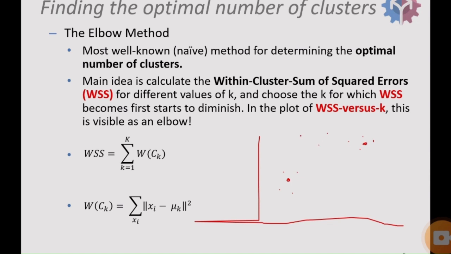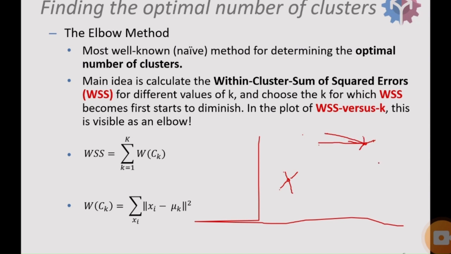And these are some other points. I'm only saying that we have 2 clusters. This is 1, 2, 3, 4. So what am I drawing? I'm trying to draw distances of points with the clusters that are associated with them.